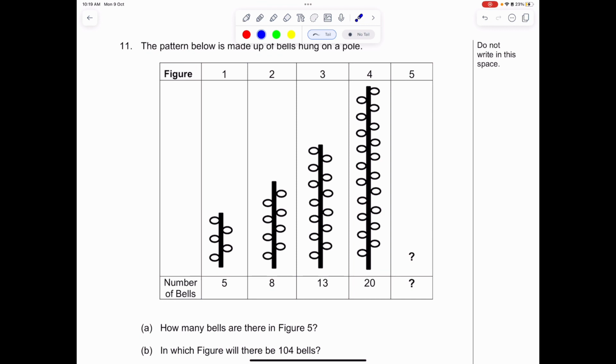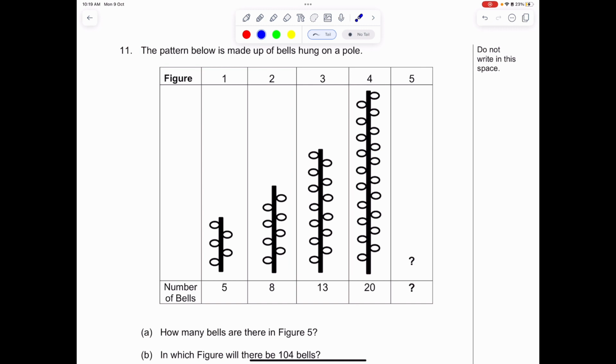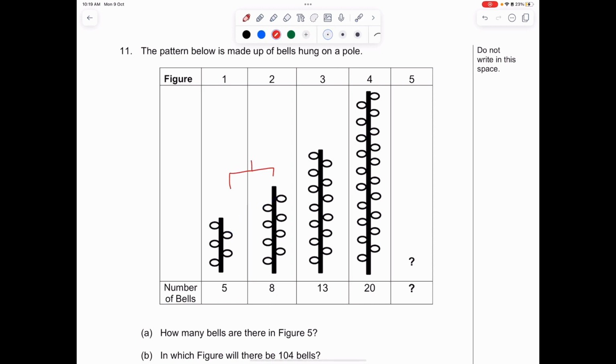Can you see a certain pattern over all this? So let's take a look. Usually we can try this out by finding the difference. So the difference between here is 3.